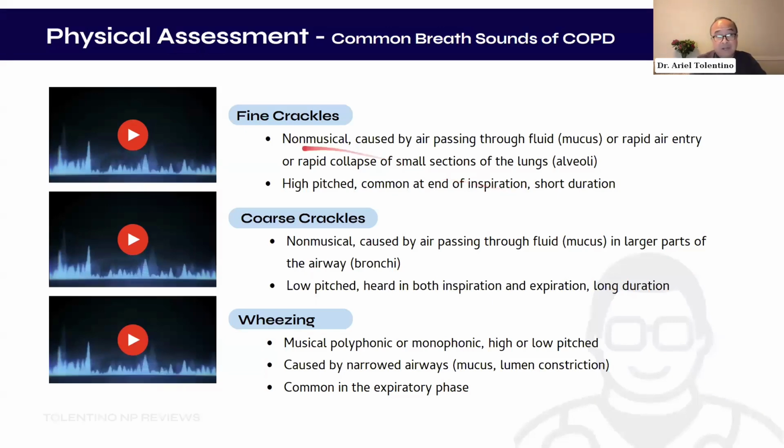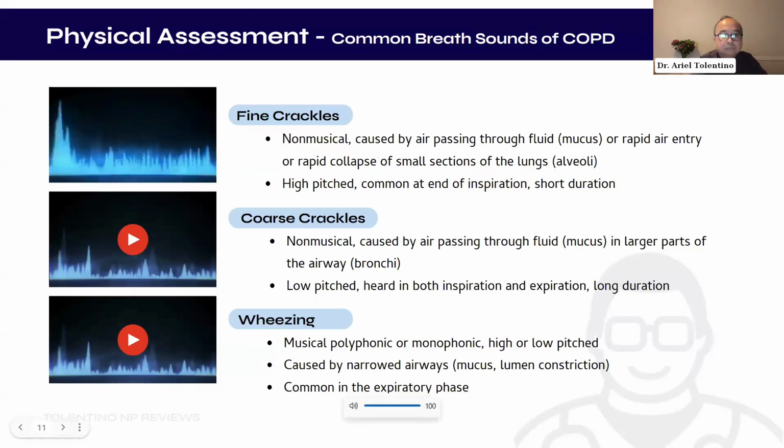So let's appreciate the sound of fine crackles, okay? Okay, so that's good. That's fine crackles, shorter duration, common at the end of inspiration.